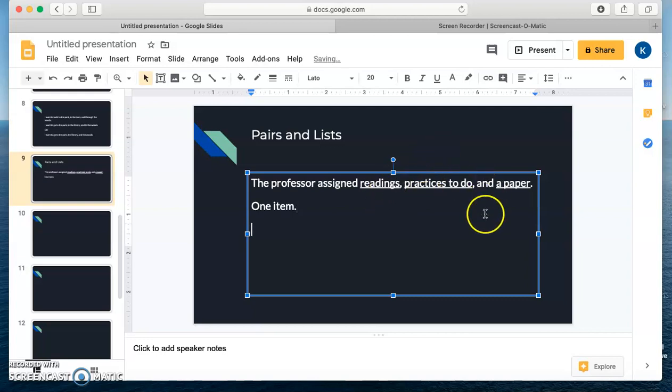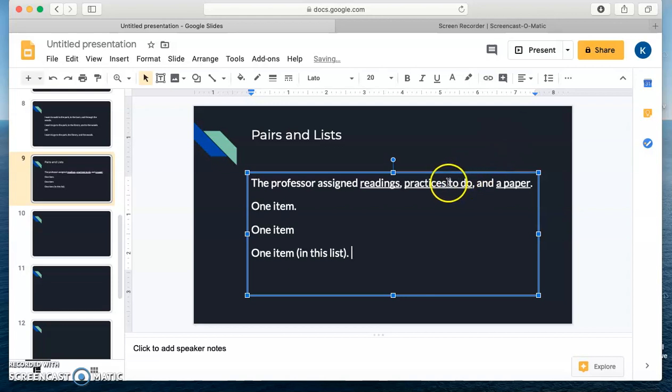Now, if we skip over practices to do, paper is also one item. And even practices, though this is clearly not just one item, right? We might have 2 or 3 homework assignments and it's not set up as a collective noun. It could be written as just one item in this list.